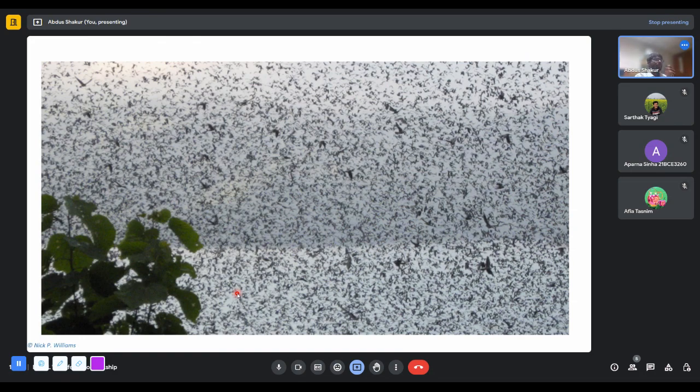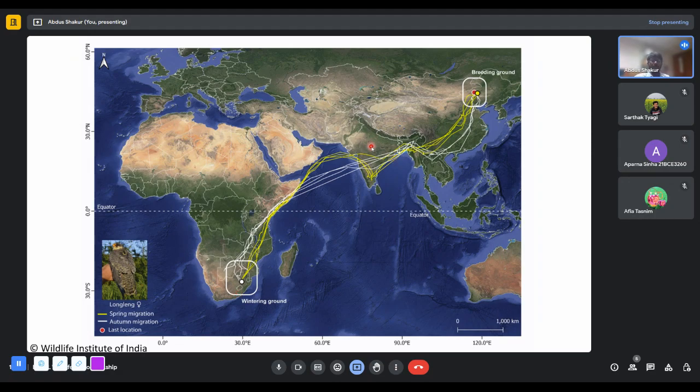So really, migration is such an interesting thing. And India is in such a place where you get the majority of the species that migrate to at least the Indian subcontinent.